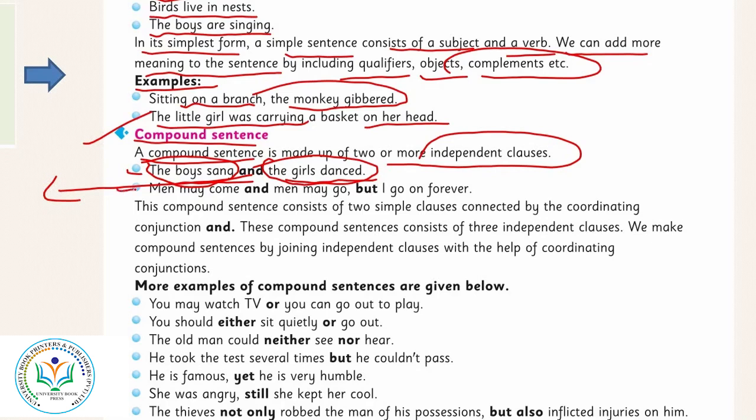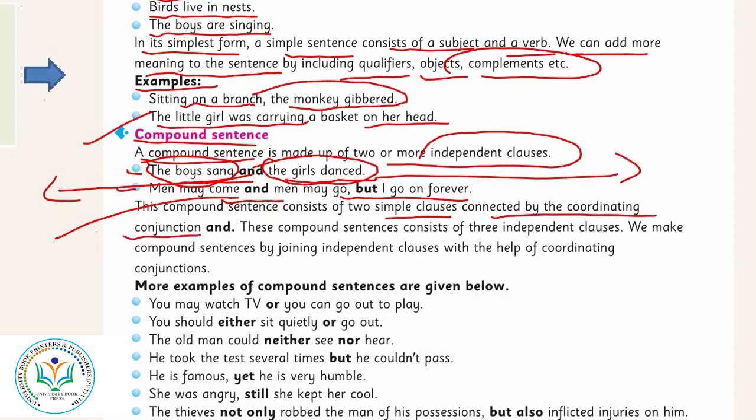Now look at the second example. Man may come and man may go, but I go on forever. Here we again have a compound sentence. We have two conjunctions here, and and but. This compound sentence consists of two simple clauses connected by the coordinating conjunction and.